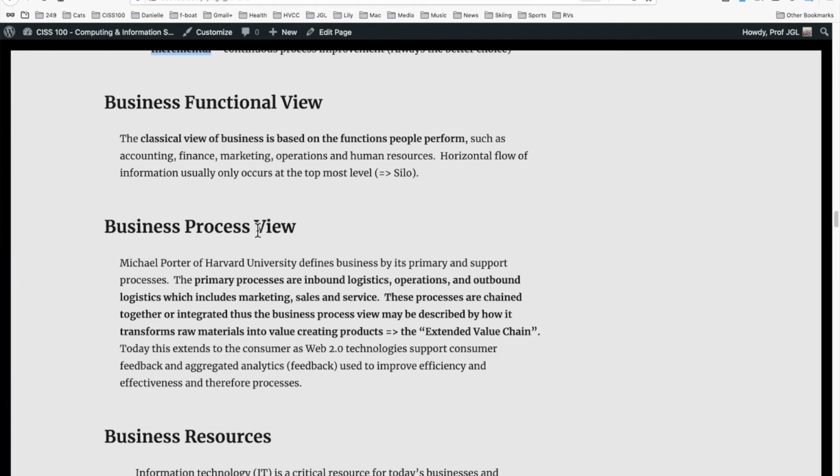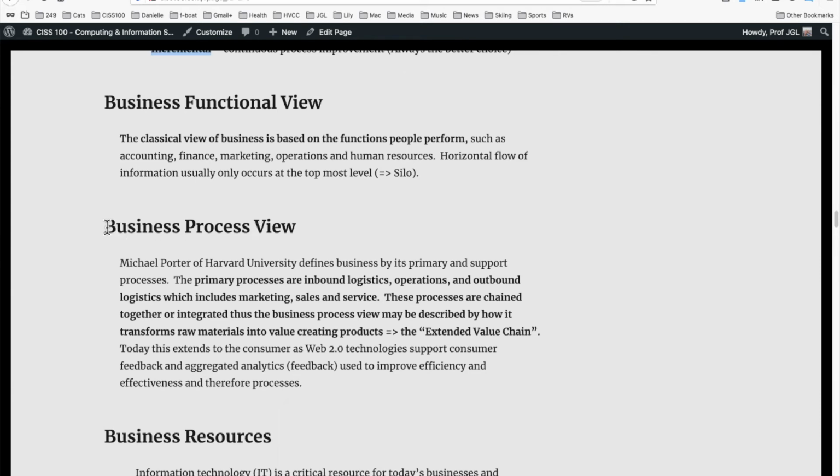The functional view is that traditional silo. I have accounting, I have web, I have HR, all these silos. And information tends to go up, and only cross at the top boundaries. The vice president of HR, the vice president of accounting, the vice president of whatever. It doesn't really support innovation, because many people throughout the organization, because they know what's going on, will actually see what needs to occur.